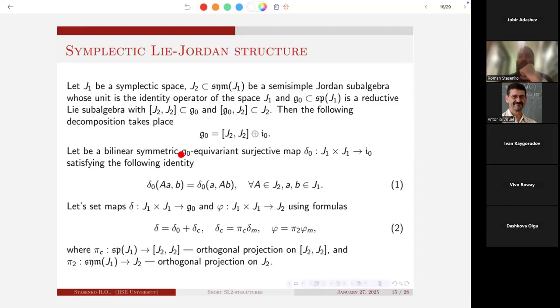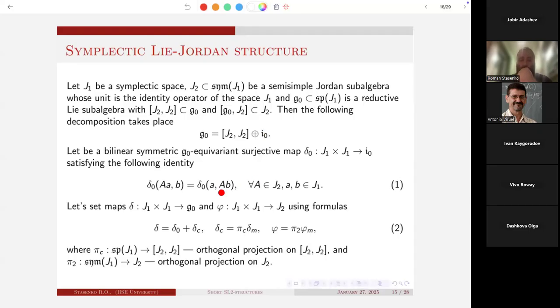Of course, we need some more components. We need a J0-equivariant surjective map from the Cartesian product of J1 with itself to this ideal I0. Especially, we need this equivariant surjective map to satisfy the following identity, as a symmetry over the action of the Jordan algebra.